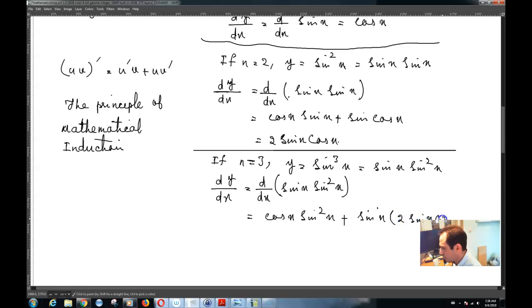Which is equal to cos x sine squared x plus 2 times sine squared x cos x. So 2 times sine squared x cos x plus cos x sine squared x.